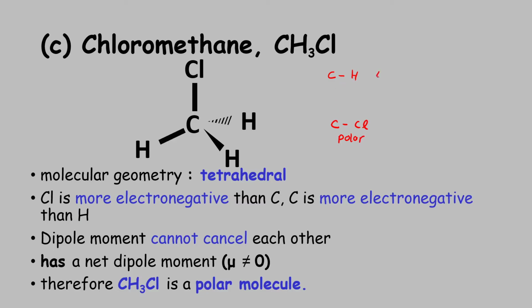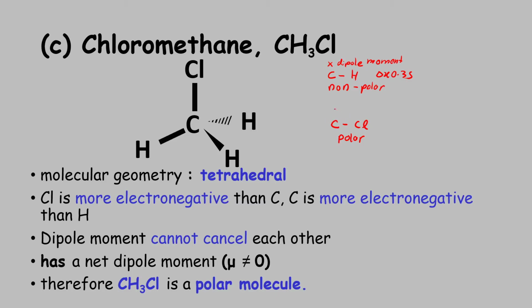C and H, the difference is around 0.35. It is non-polar. So, we draw the shape. Because if it is non-polar, you don't need to draw an arrow, because there is no dipole moment. But if it is polar, there is a dipole moment.